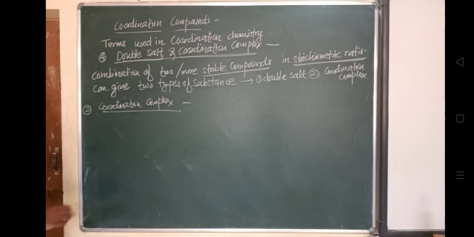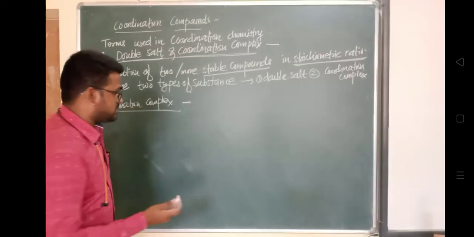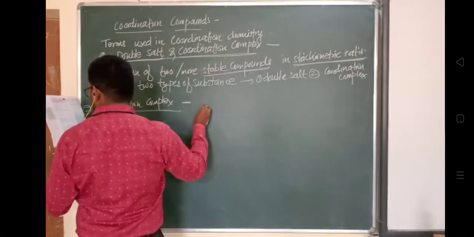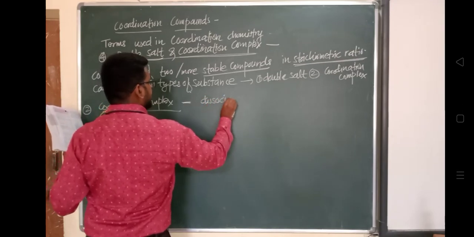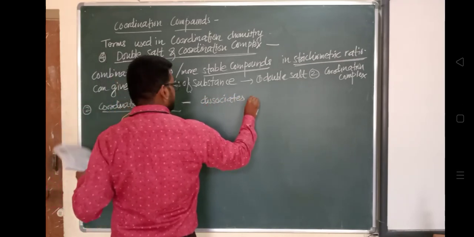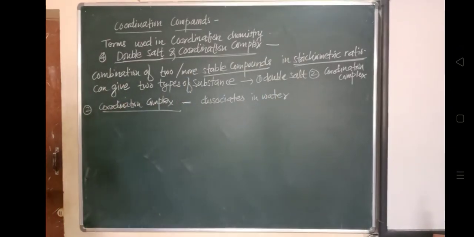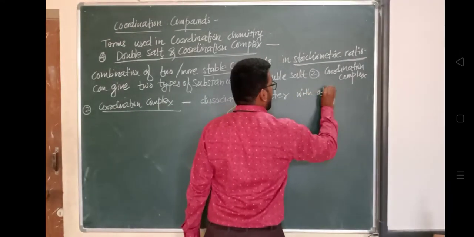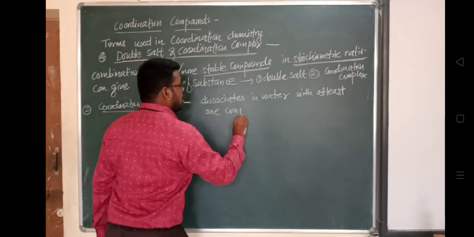So we have already seen this one. In this way, it will form a complex ion. This is what is called a complex ion. What remains outside the bracket, we have seen, is the counter ion. This is a counter ion, which is not present in the bracket, outside the bracket, and which is ionizable. This is called a counter ion and this is called a complex ion.